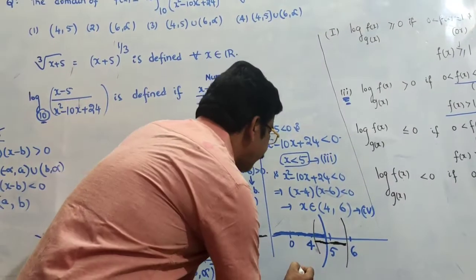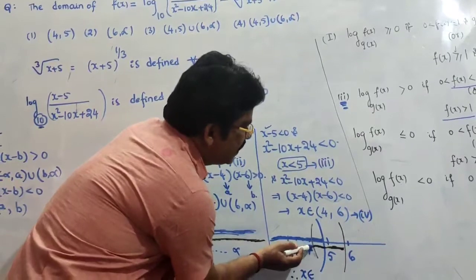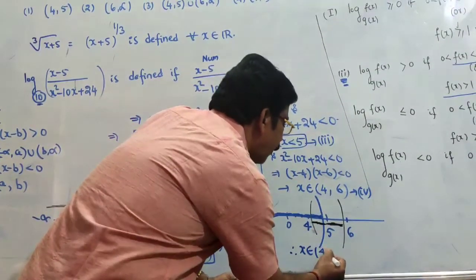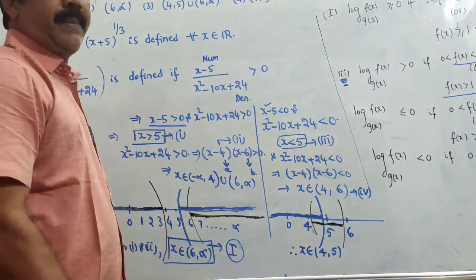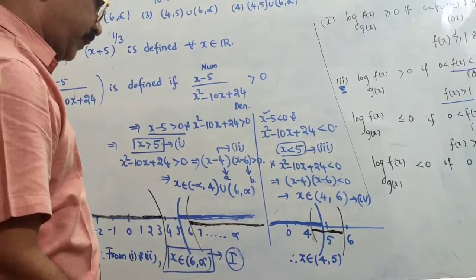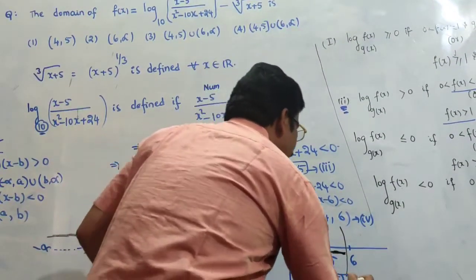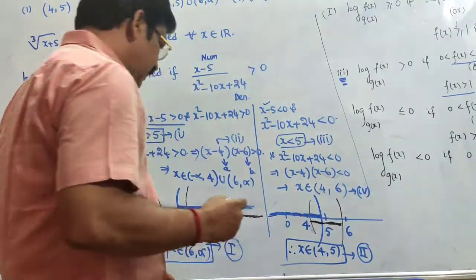Therefore here x belongs to the common shaded part, 4 to 5 only, the open interval of 4 comma 5. Let it be Roman number 2.